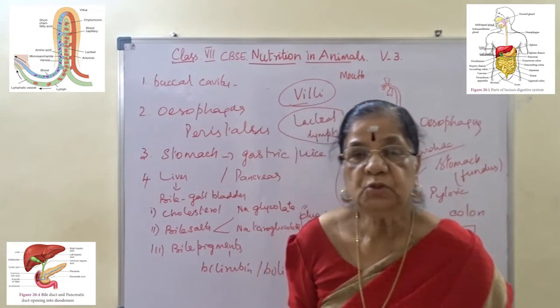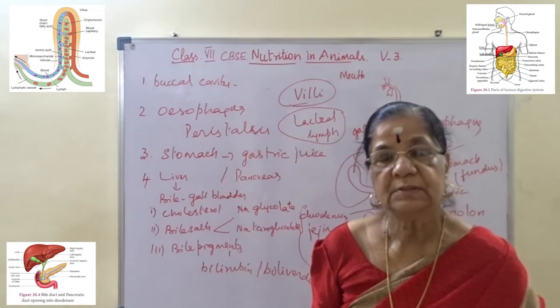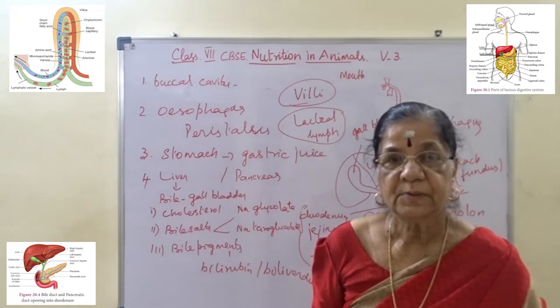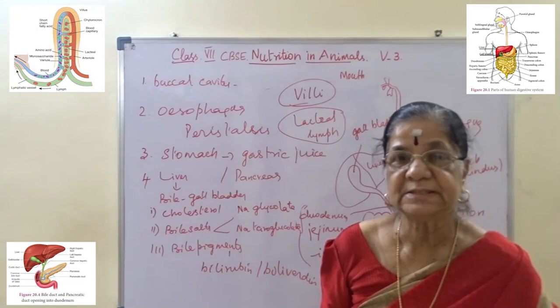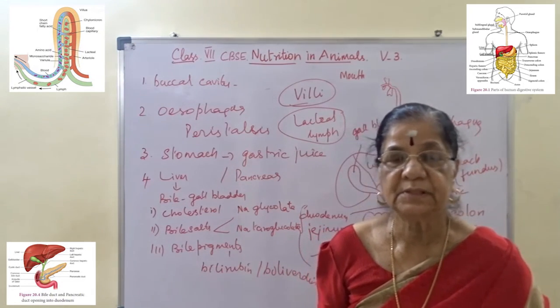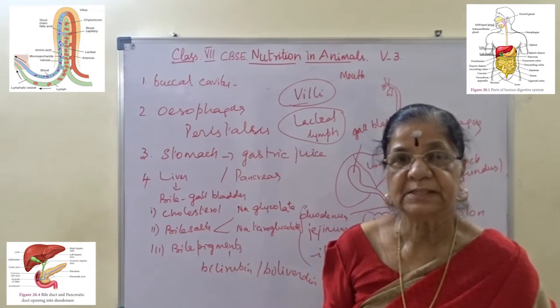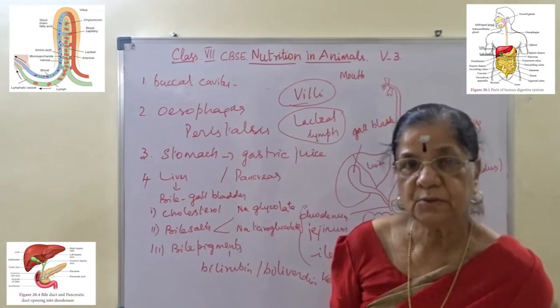Some people struggle a lot with passing motion. Instead, if we eat fibrous food containing fibers such as beans, cluster beans and broad beans, it will prevent constipation. That is called roughage. Okay.